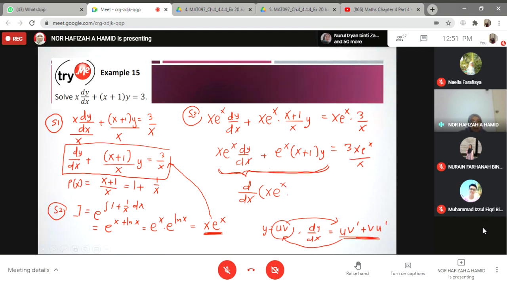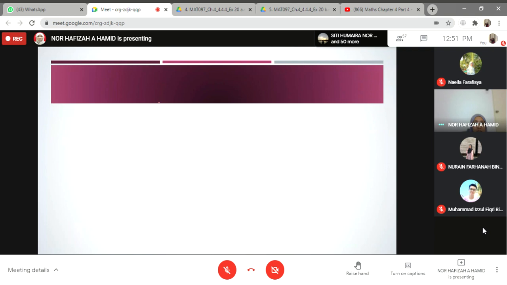So dependent yang atas ni y. So you need to multiply with the y. Okay, so you dapat dah you punya UV. X multiply, so you have 3e^x. Okay, lepas tu after you dah derive product rule tu, so you need to integrate both sides. Okay, so kita ada step 4.